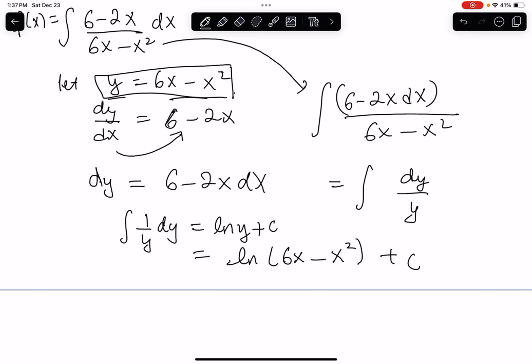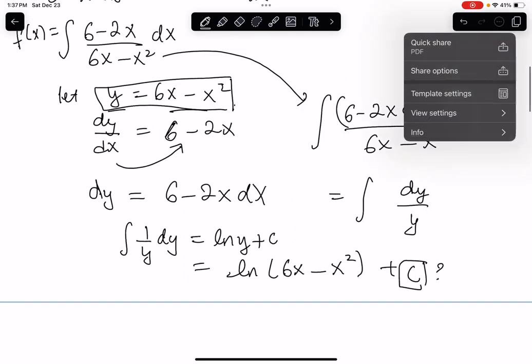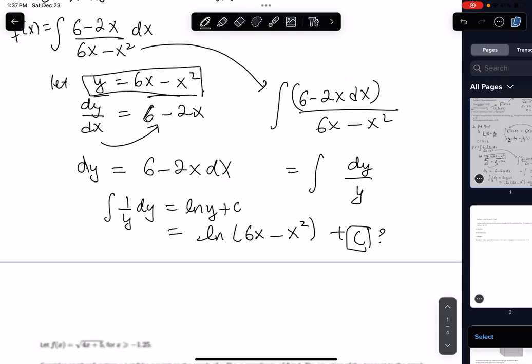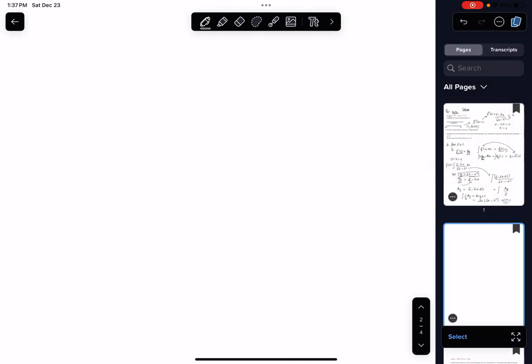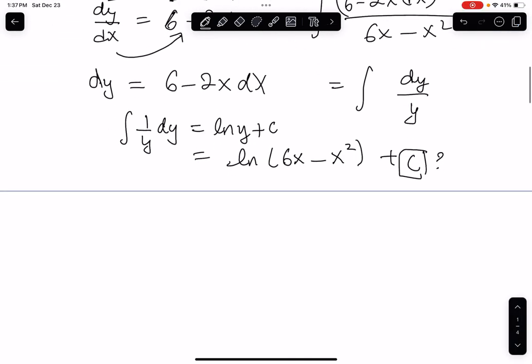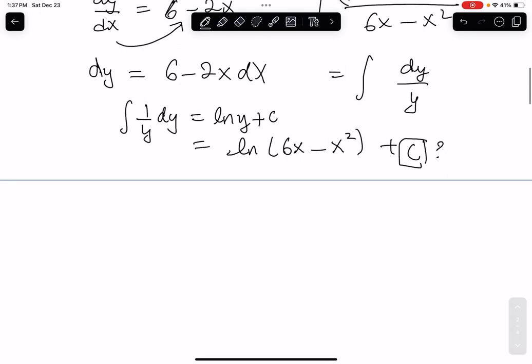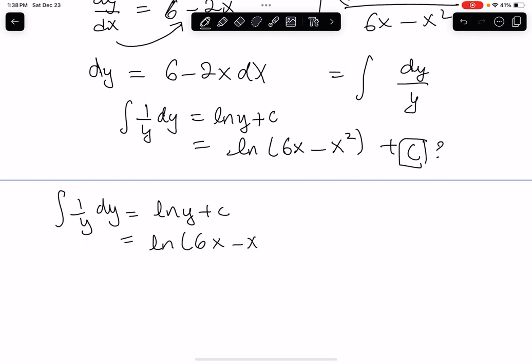Now after this, what we have to do is attempt to find c. We don't know what c is going to be, so we can focus on that. So we found that the integral of 1 by y dy is ln of y plus c, and so this is ln of 6x minus x squared plus c.